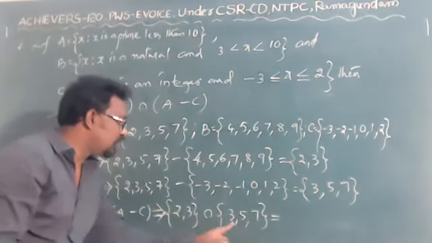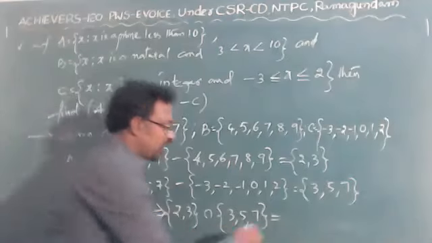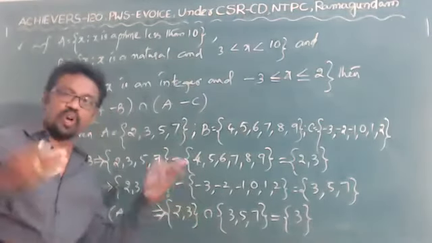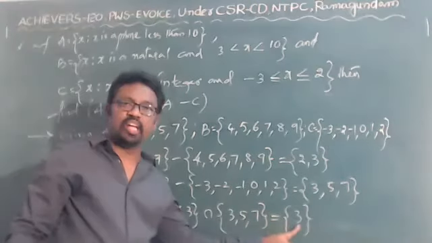What do you have? 2. Is there 2? Not there. 3. Is there 3? Yes, write down this one, only one element. 5, here it's not there. 7, here it's not there. So the result is only 3.